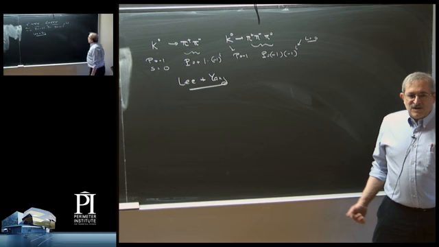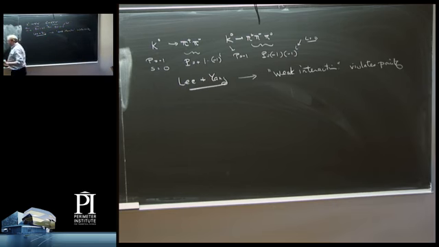Okay, so Lee and Yang proposed that there was a new kind of interaction called the weak interaction, which was totally separate from the then mysterious strong interaction, and that the weak interaction violates parity. Well, that just opened the floodgates to new explanations.